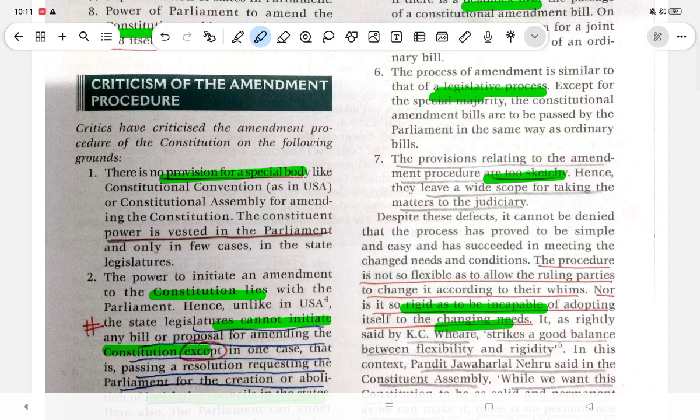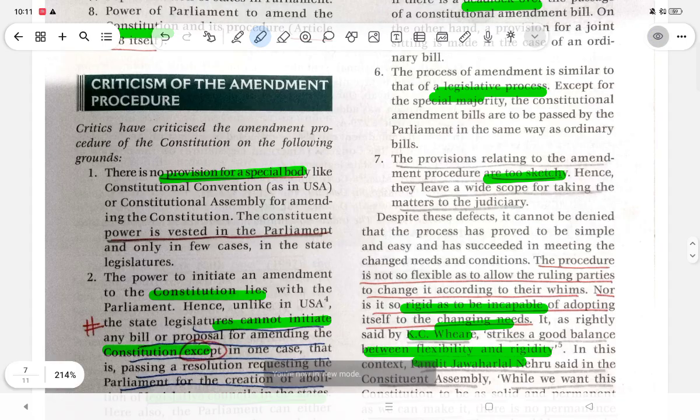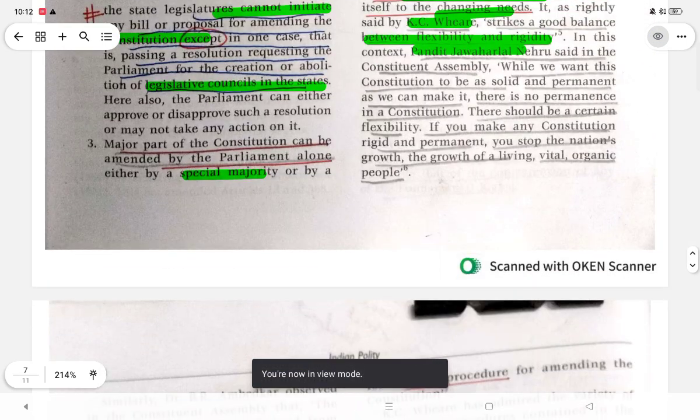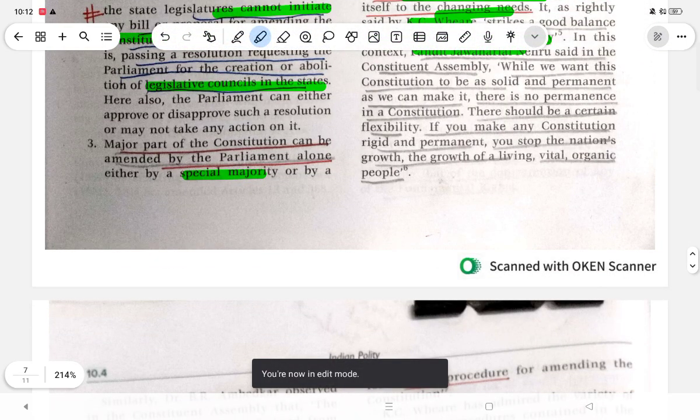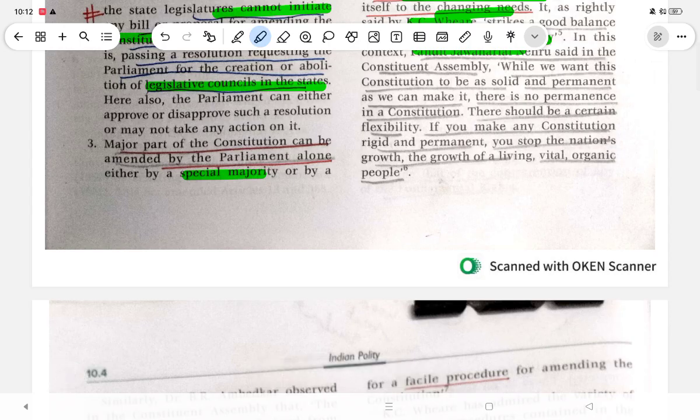As rightly said by K.C. Wheare, it strikes a good balance between flexibility and rigidity in this context. Pandit Jawaharlal Nehru said in the Constituent Assembly that while he wanted this Constitution to be as solid and permanent as we can make it, there is no permanence in the Constitution.